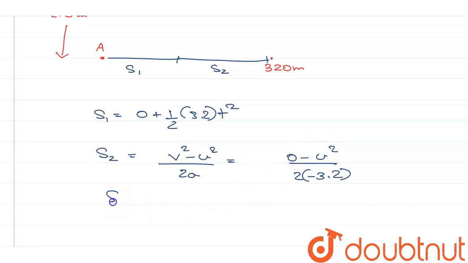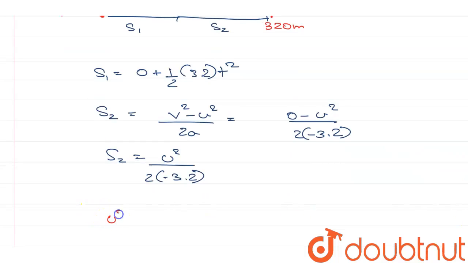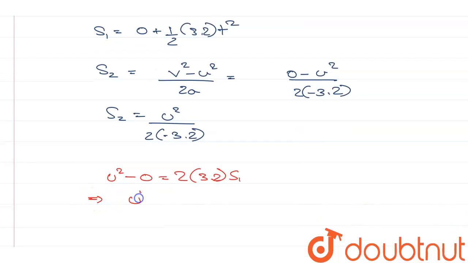Now u, to find out u square, that is the initial velocity for the journey of S2, will be the final velocity of the journey of S1. So I can write u square minus 0 is equal to 2 into 3.2 S1, which means u square upon 2 into 3.2 is equal to S1.